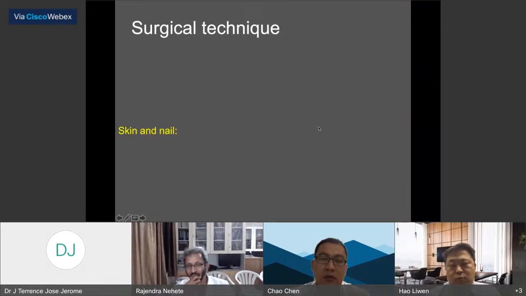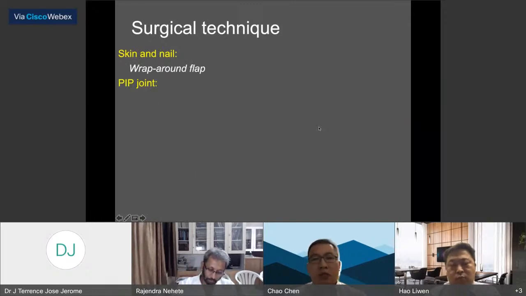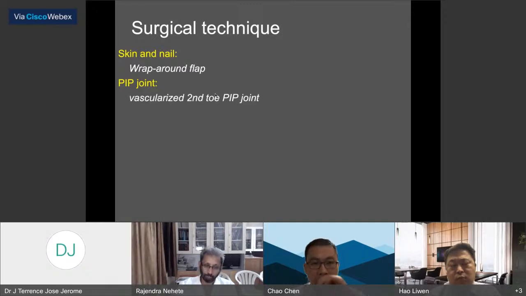And what about the surgical technique? This technique has been introduced in a paper published in Clinics in Plastic Surgery by Professor Wang. We use a wraparound flap to reconstruct the skin and nail for the finger, as well as part of the distal phalanx. And we use a vascularized second toe PIP joint to reconstruct the PIP joint of the finger.